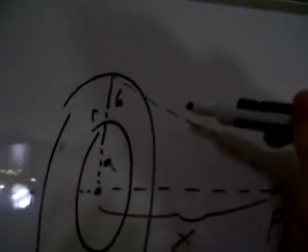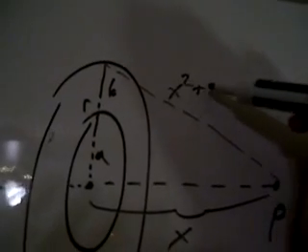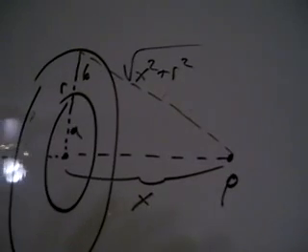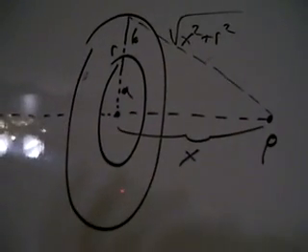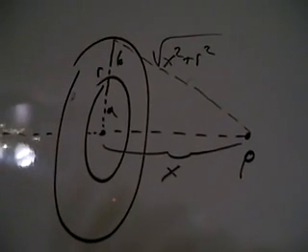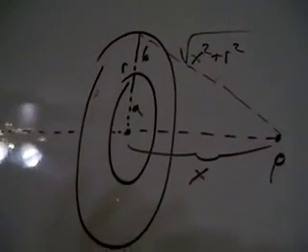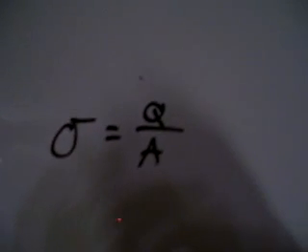That distance is going to be the square root of x squared plus r squared, whatever r squared ends up being. So the other thing they tell us about this problem is that there's a uniform charge density. And this is dealing with area, so we're using sigma. And we know that sigma equals the charge over the area.